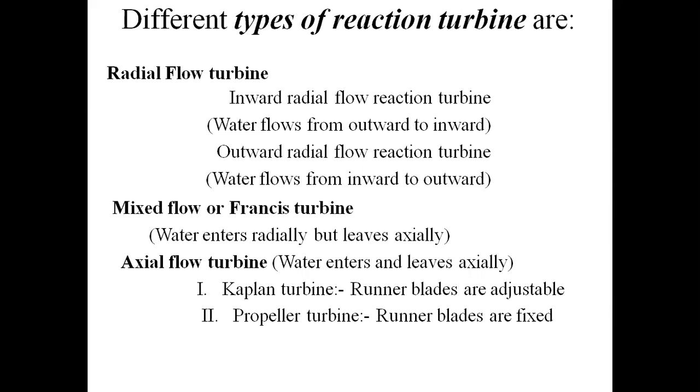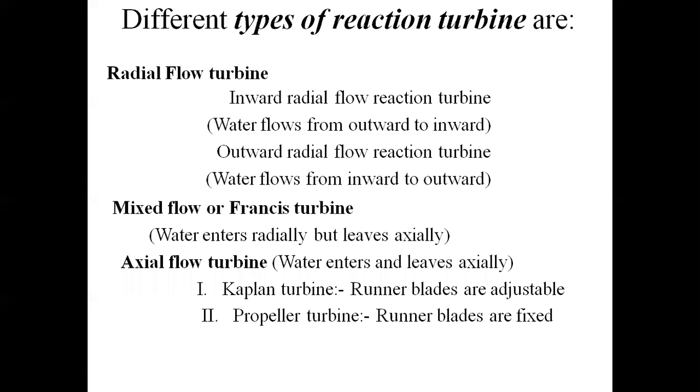Different types of reaction turbine: radial flow turbine, in these two types, inward and outward. Inward radial flow reaction turbine and outward radial flow reaction turbine. Water flowing from outward to inward is called an inward radial flow reaction turbine.